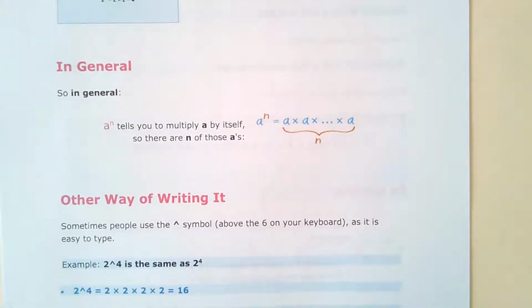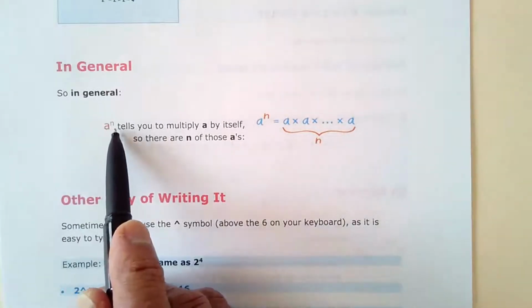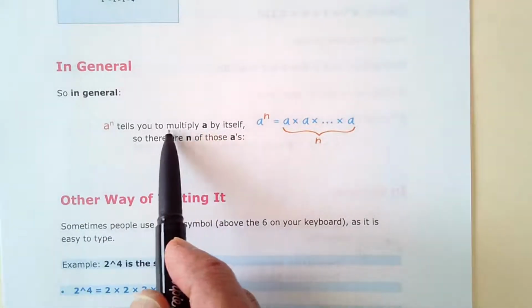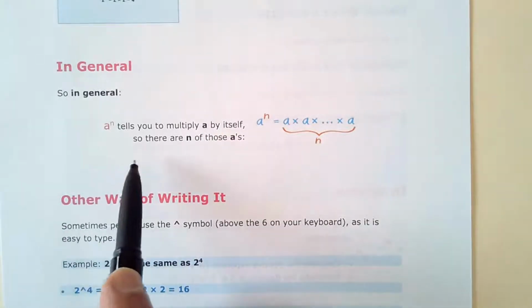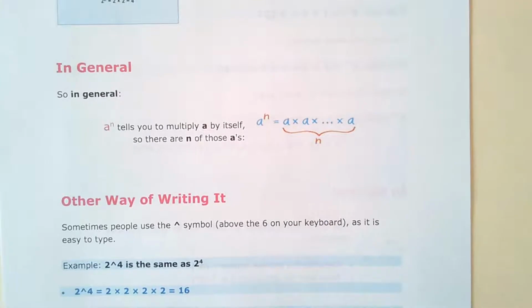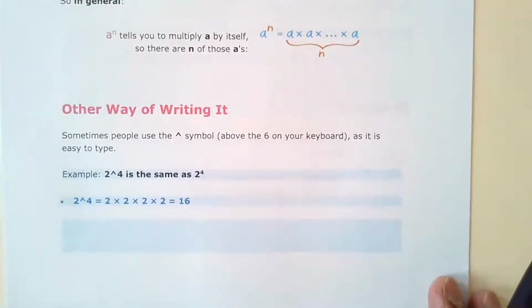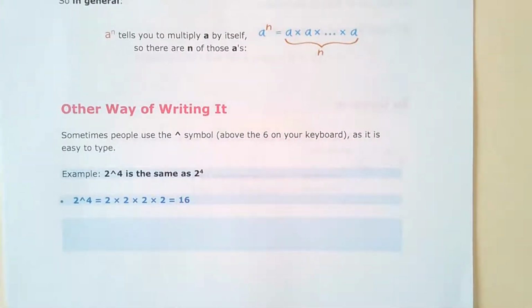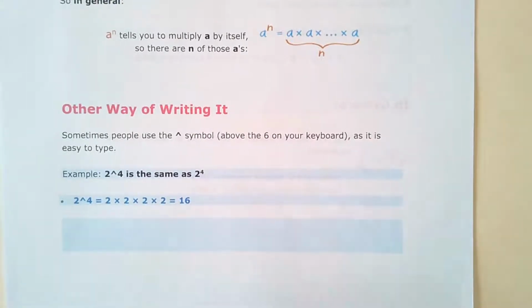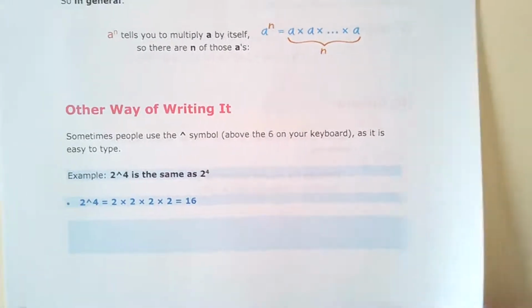So in general, a to the power n tells you how many times to multiply a by itself. So there are n number of those a's. Sometimes people use a symbol on the keyboard to type power, because of the keyboard structure.